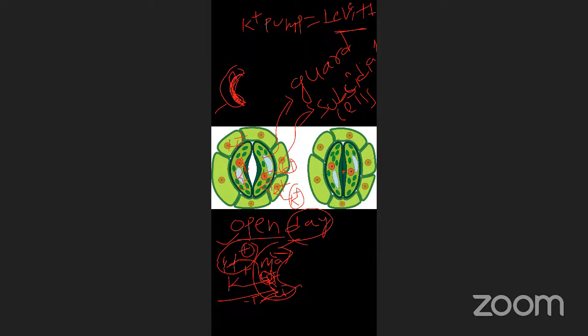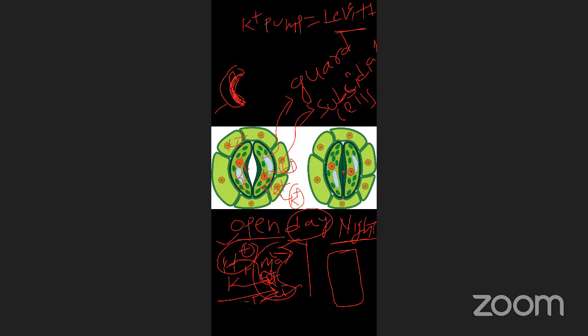The same way, how do the stomata close? Stomata close in night time. So this is the guard cell. Is there light in the guard cell? No, sir. Without light, can it prepare malate?